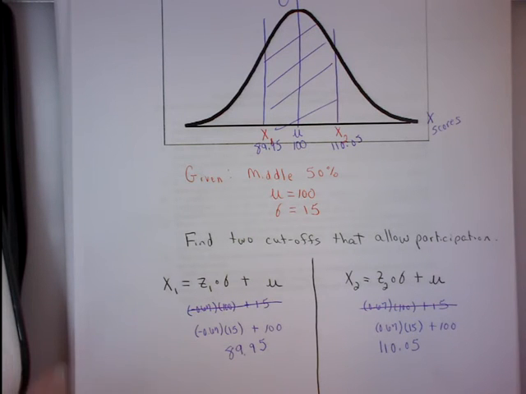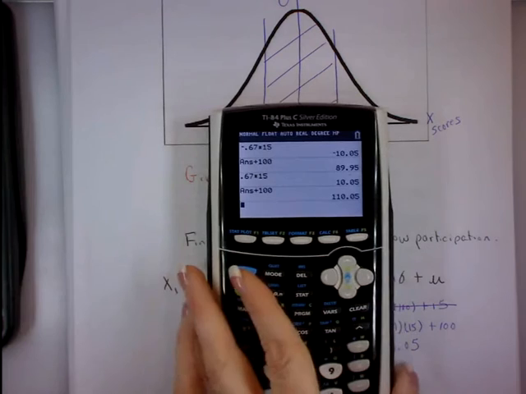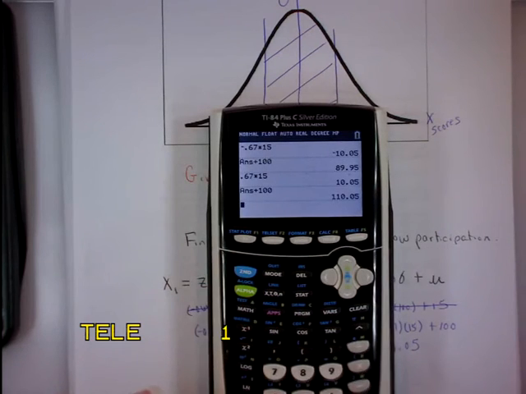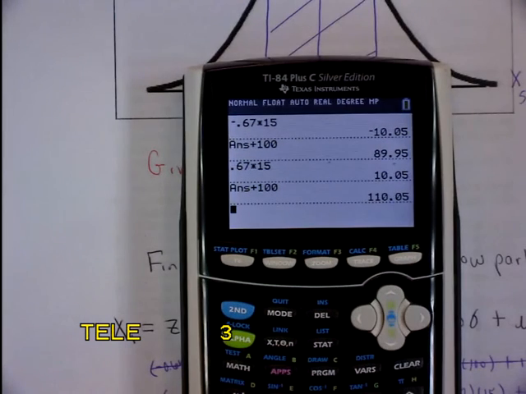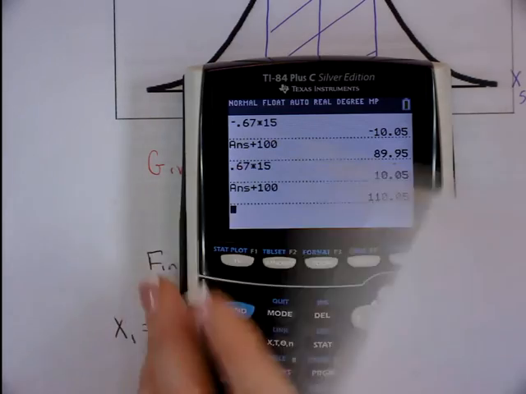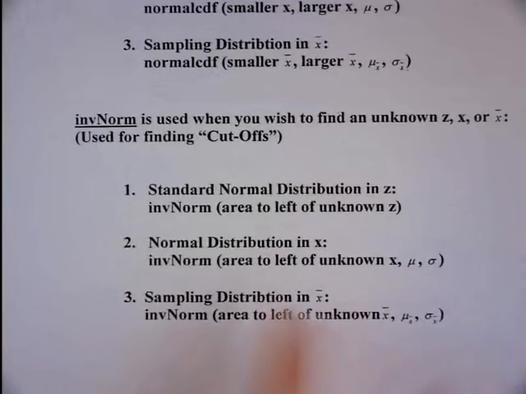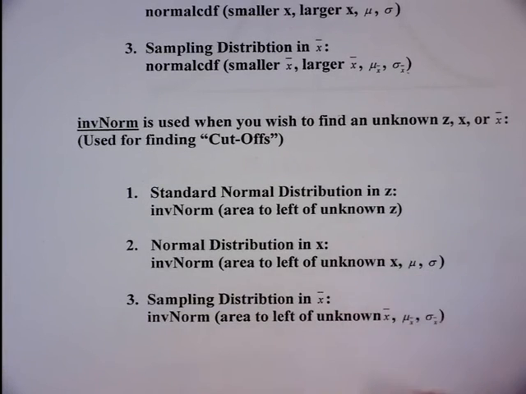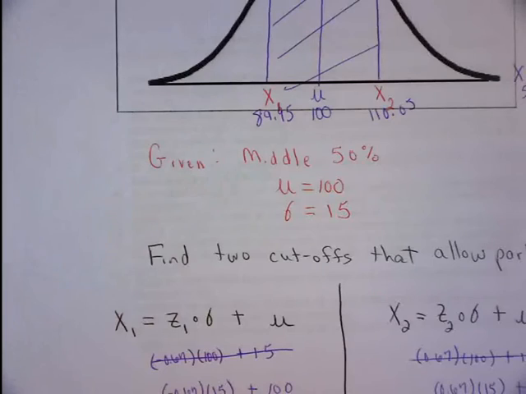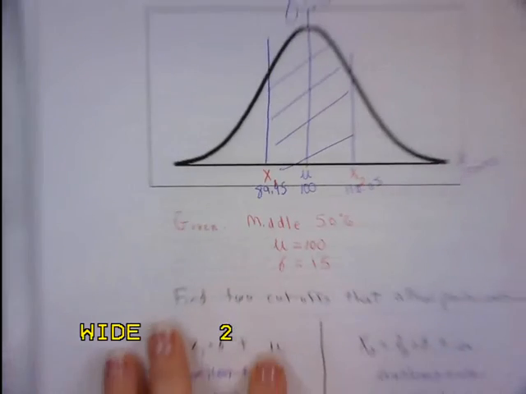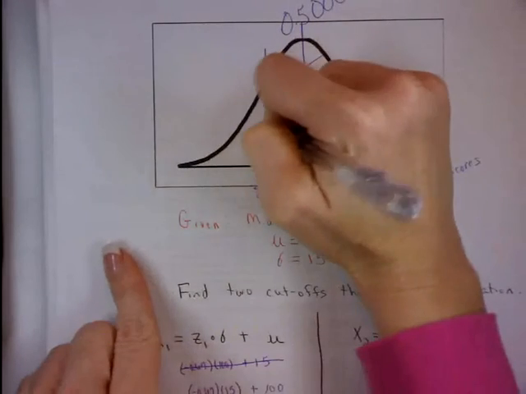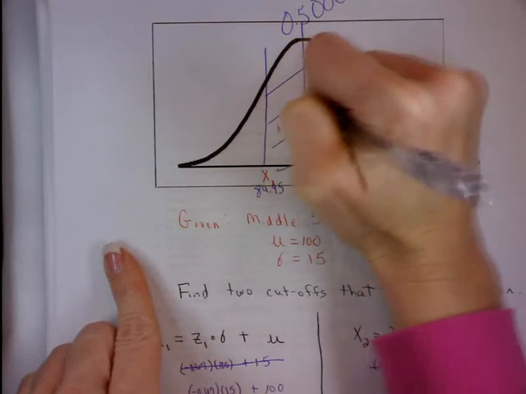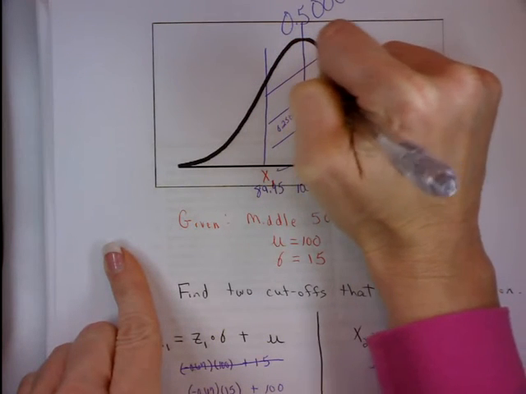Now your calculator works this way. You have to put in the area to the left of the unknown x, the mean, and the standard deviation. Let's just work on finding one of these. This is 0.2500, 0.2500.